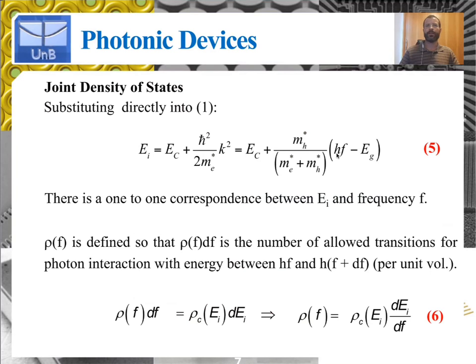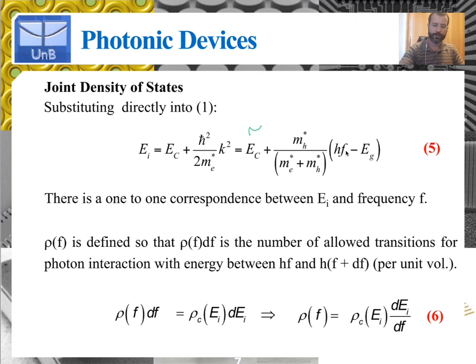You have the effective masses here, Planck's constant, and the gap energy, which is fixed for a given semiconductor. Note that there is a one-to-one correspondence between Ei and f in this expression.